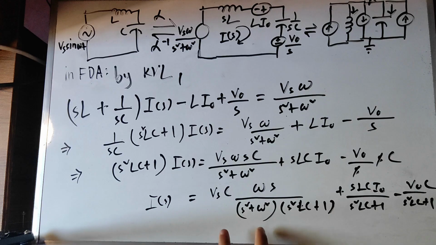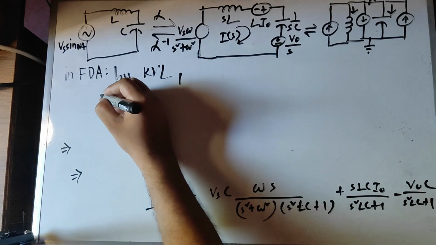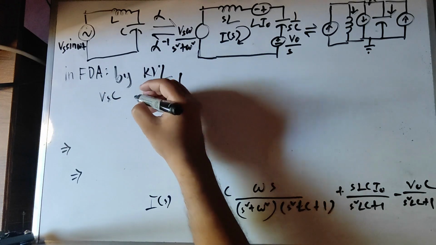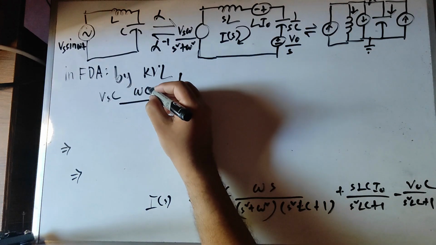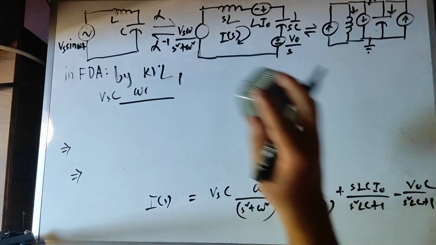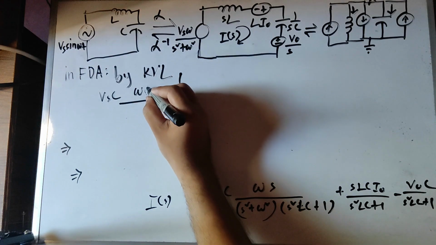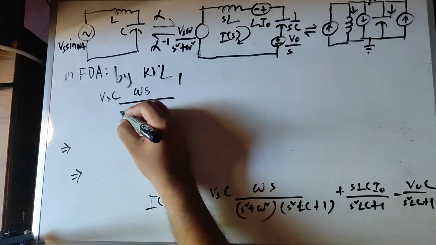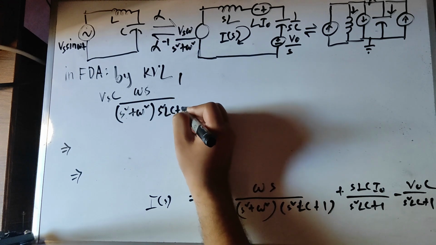We are only gonna focus on this sinusoidal part, so I'm focusing on this part only: Vs C omega S / ((S squared + omega squared)(S squared LC + 1)).